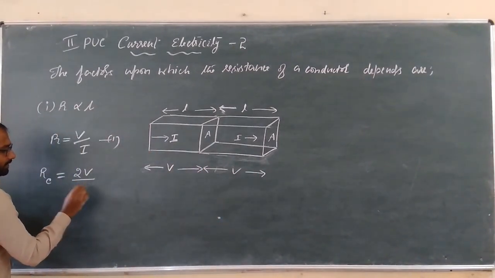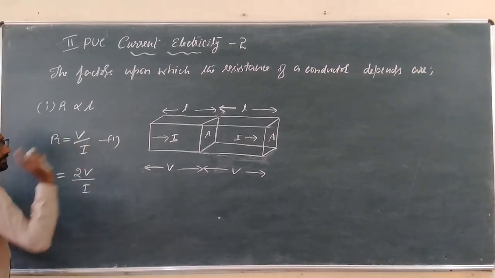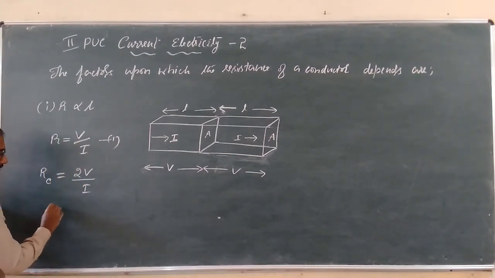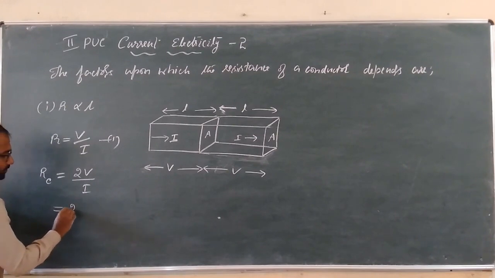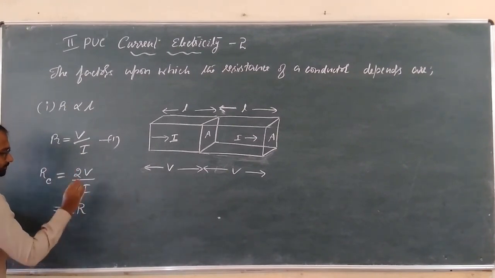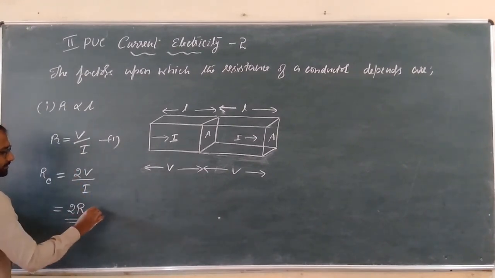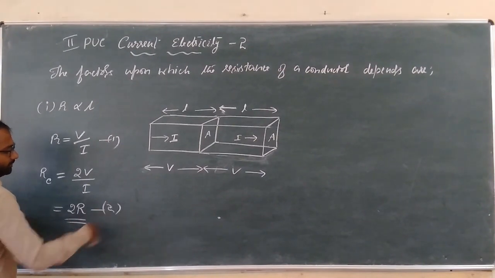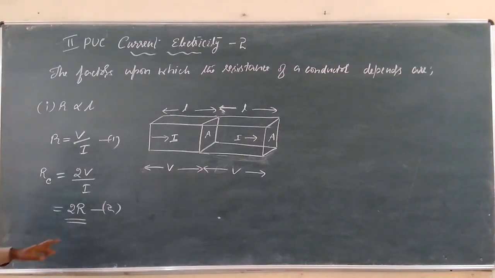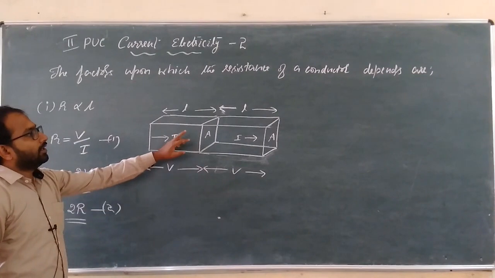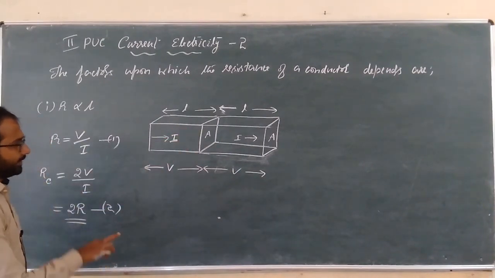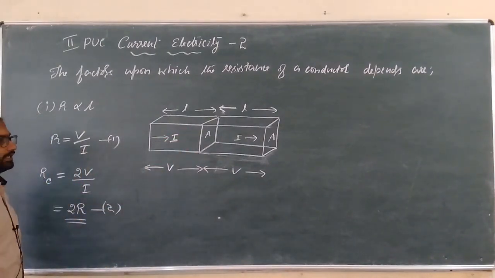What is the current flowing through the combination? That is I, right? So therefore, 2 into V by I is 2R. So resistance gets doubled if the length is increased to 2L. When it is made twice, the resistance of the conductor becomes 2R.